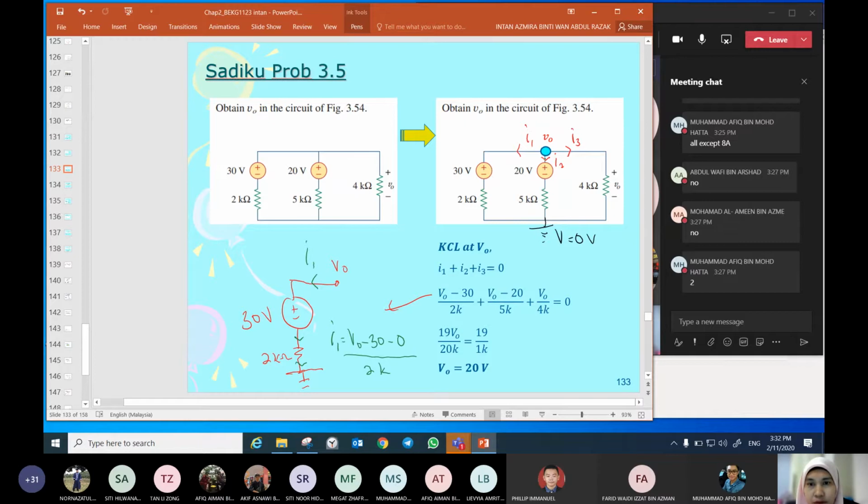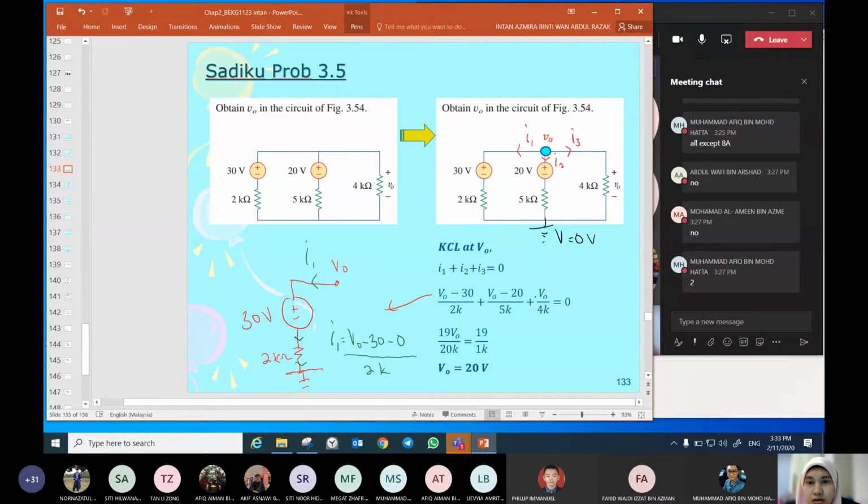Plus I2. I2 flows from here. Same principle: V0 minus 20 volt, divided by 5k. Actually, this term also we should minus 0, but we can ignore that.